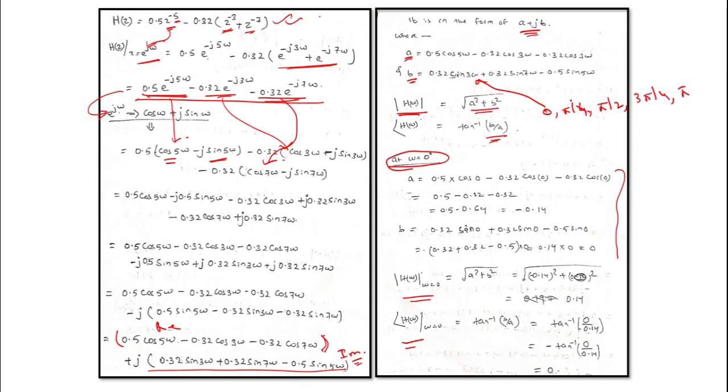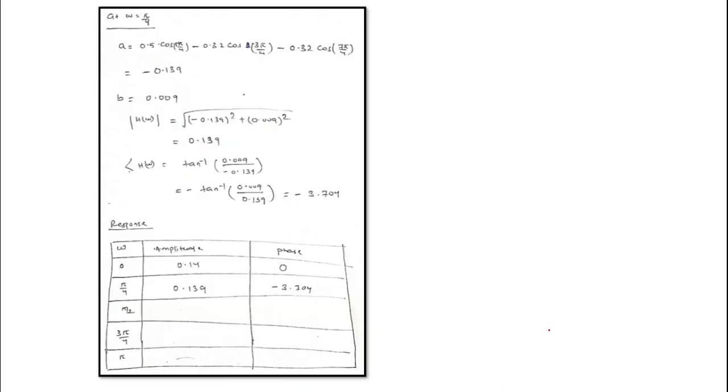Similarly, you put the value of pi by 4 and perform this. After calculating everything, you can find out the response in this format: omega 0, pi by 4, pi by 2, 3 pi by 4, pi, the amplitude values, and then the phase values.